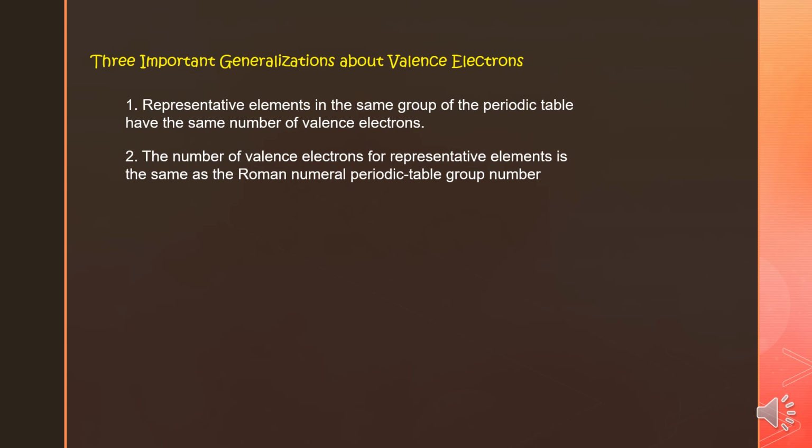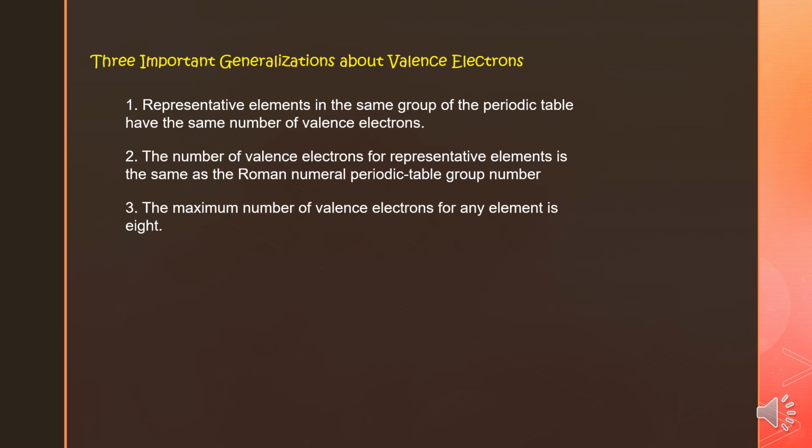Oxygen and sulfur are both members of group 6A, so they have 6 dots. Similarly, the Lewis symbols for hydrogen, lithium, sodium, and potassium, which are all members of group 1A, have 1 dot. The maximum number of valence electrons for any element is 8.